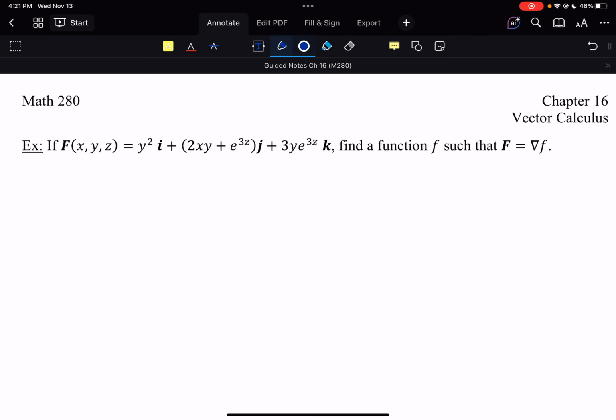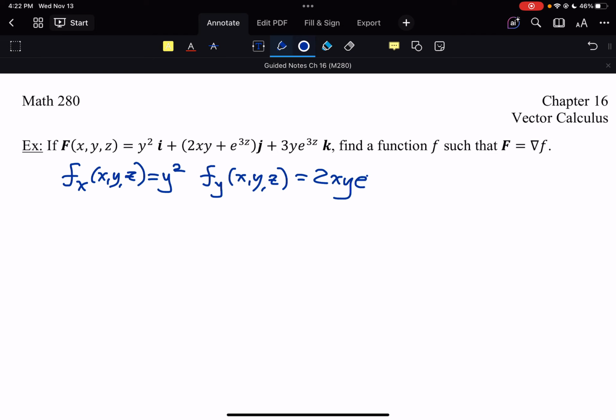But let's go ahead and find that potential function. So we have fx of xyz will be y squared, fy of xyz will be 2xy plus e to the 3z, and fz of xyz will be 3y e to the 3z.